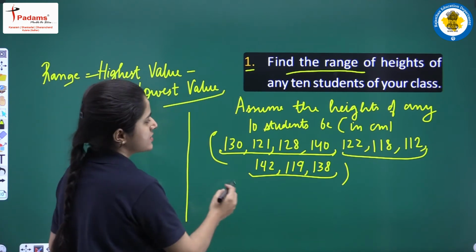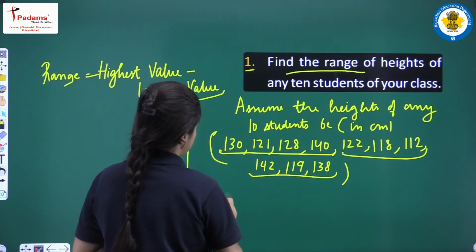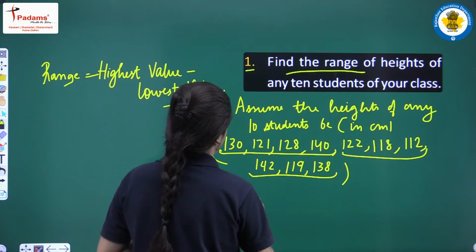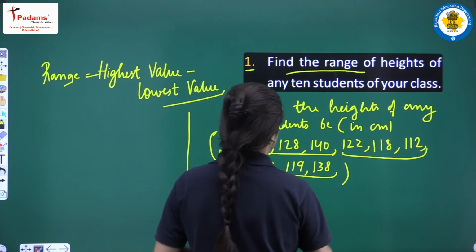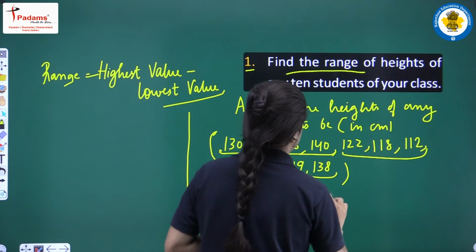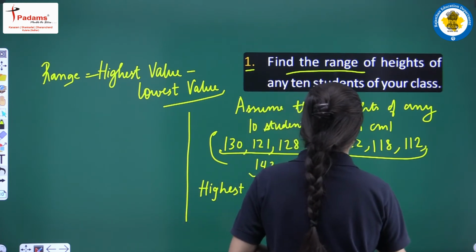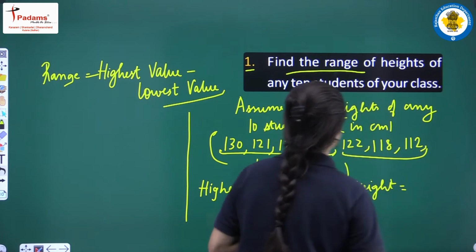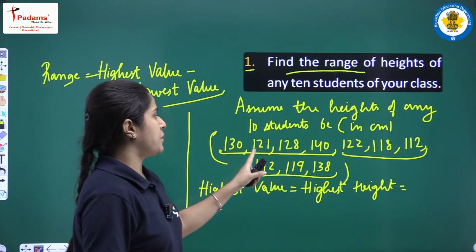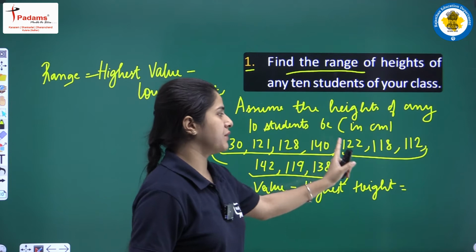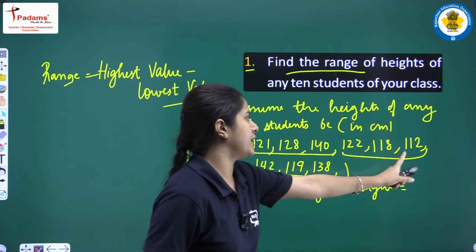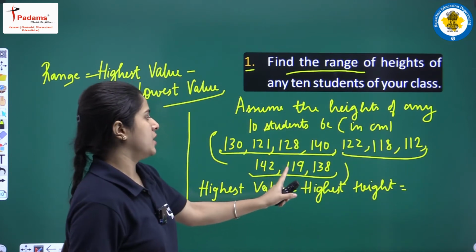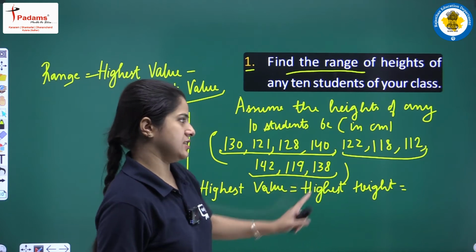In this, students, what is the highest value? That is the highest height. The heights are 130, 121, 128, 140, 122, 118, 112, 142, 119 and 138.